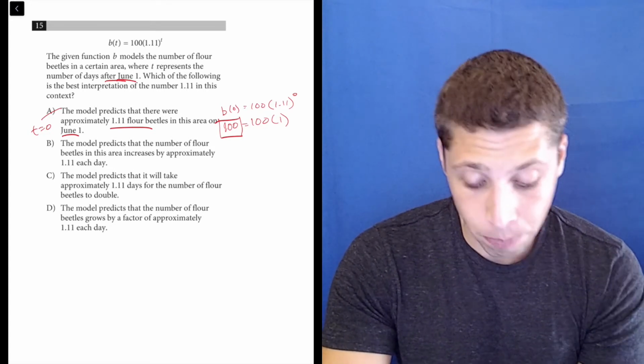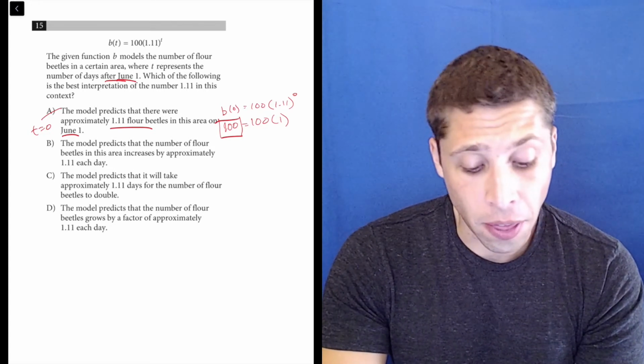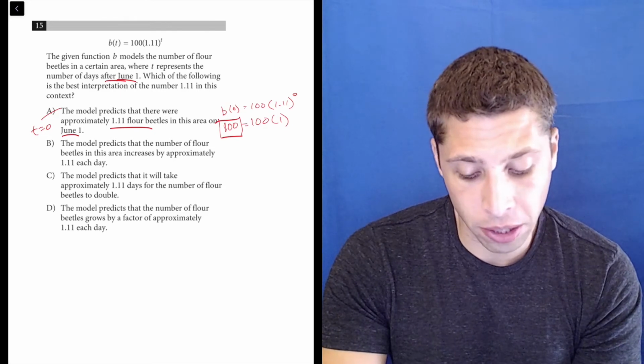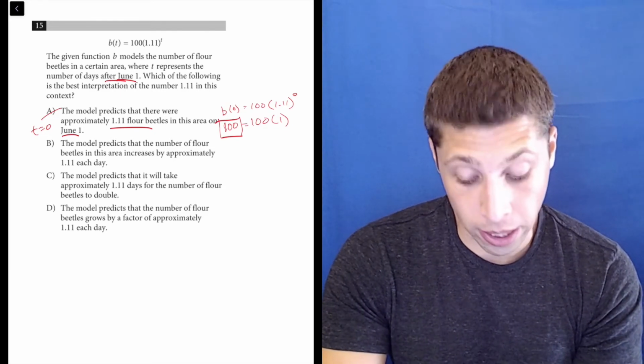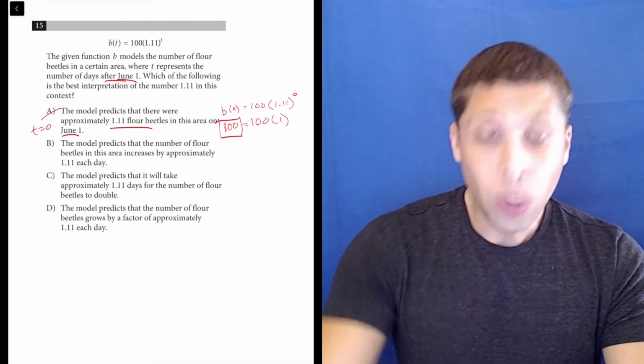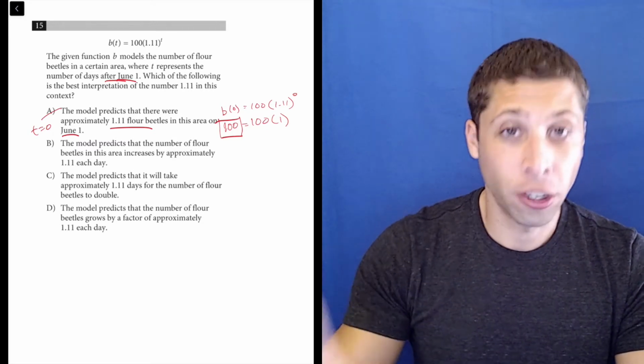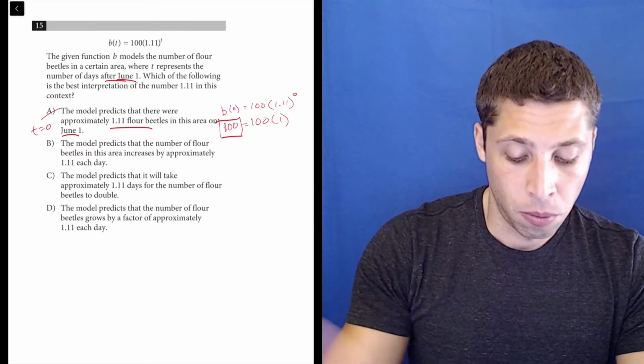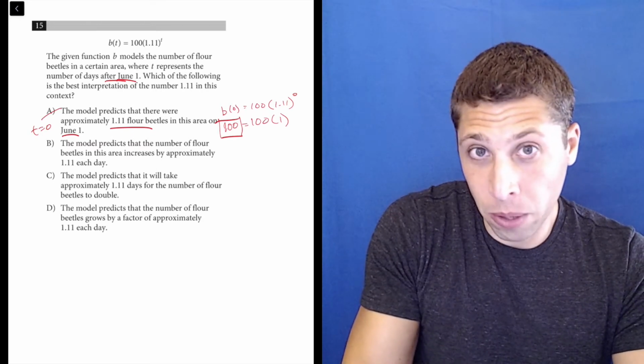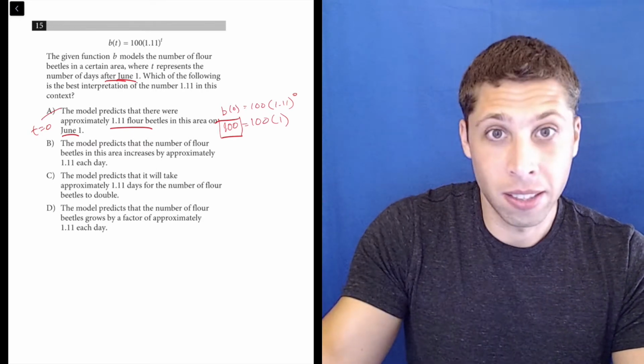Look at choice B. The model predicts that the number of flower beetles in this area increases by approximately 1.11 each day. Well, we know what happens on day 0. We know that we start with 100 of these beetles. If it's supposed to increase by 1.11 each day, then let's see what happens on the next day.